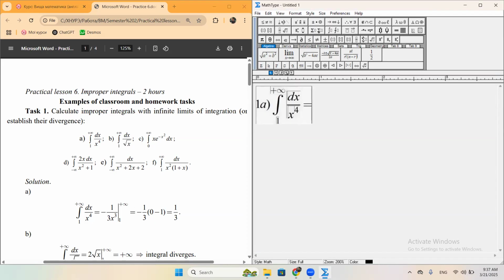We calculate as usual a definite integral. So what do we have? Minus 1 over 3x cubed, with the substitutions from 1 to plus infinity.